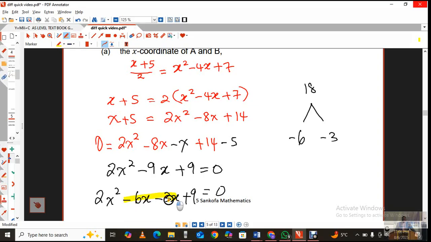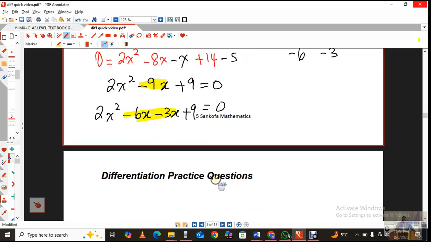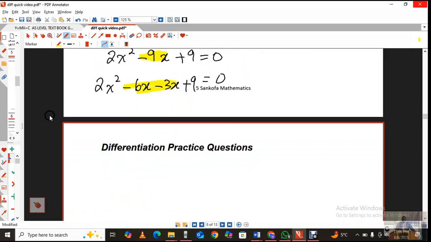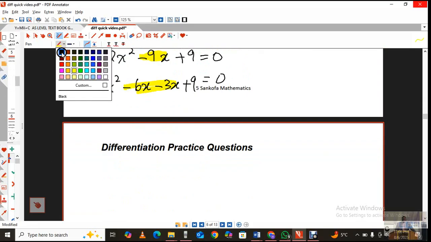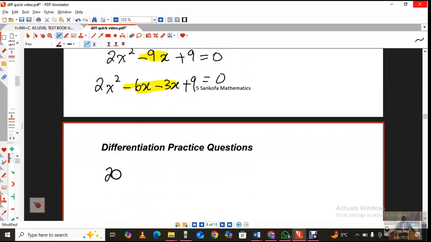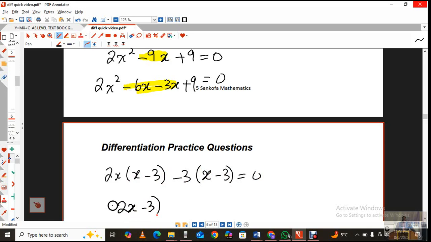So let's take it from where we are. We have 2x outside and x minus 3, and I have a minus 3 here, so x minus 3. If you do that by grouping, you have 2x minus 3 times x minus 3 equal to 0.